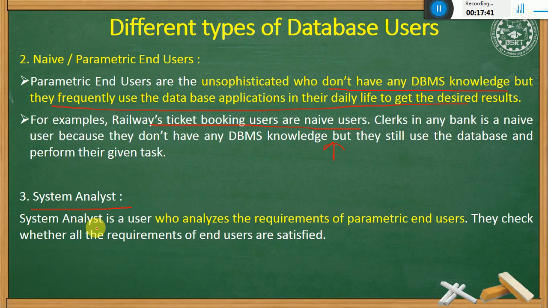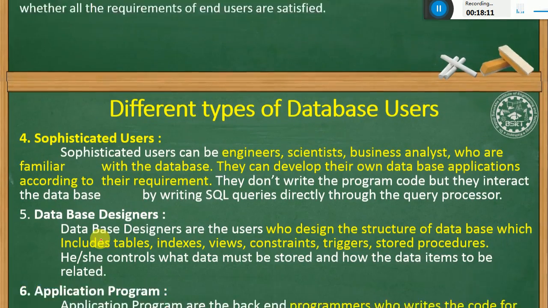System analysts are the users who analyze the requirements and needs of the end user and write specific code, and provide this analysis to the database designer to change the database or database management system. So that is a system analyst who analyzes the requirements of the end user. That is the third type of user.